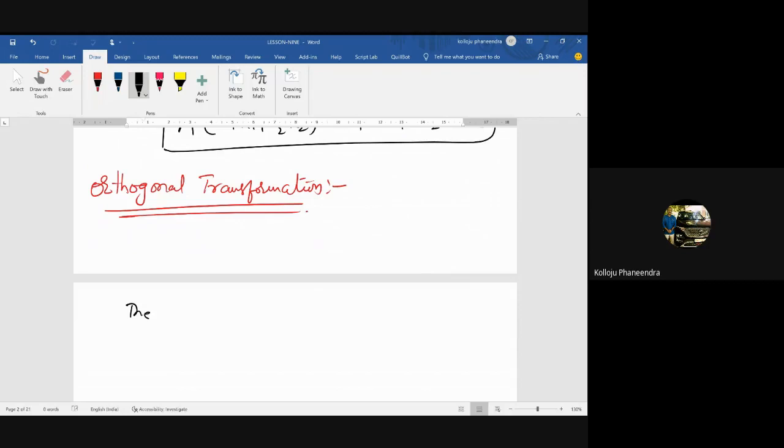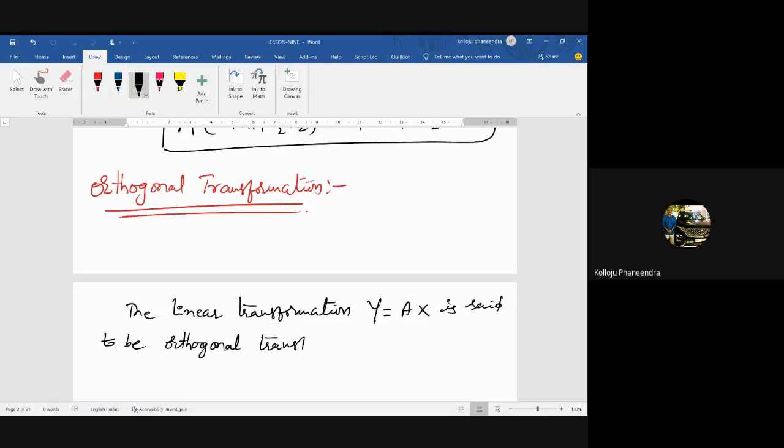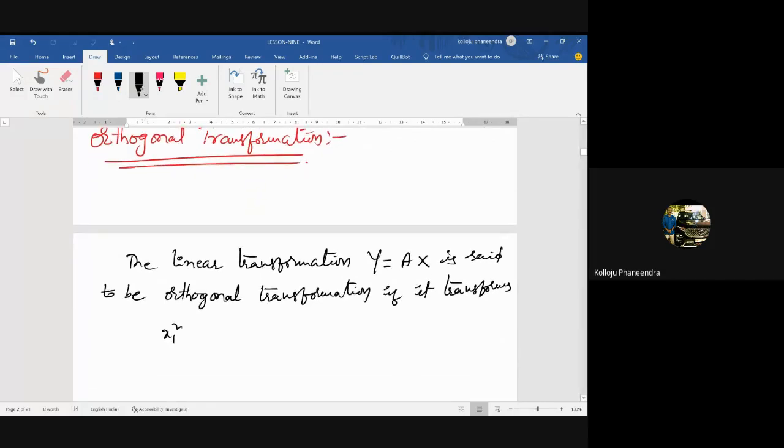The linear transformation y equal to Ax is said to be an orthogonal transformation if it transforms, listen carefully, x1 square plus x2 square and so on plus xn square into y1 square plus y2 square and so on plus yn square.